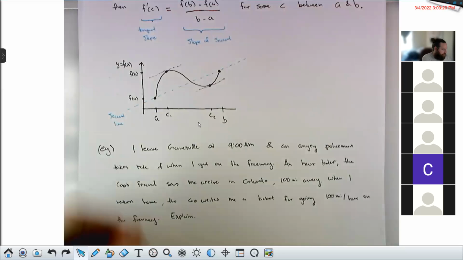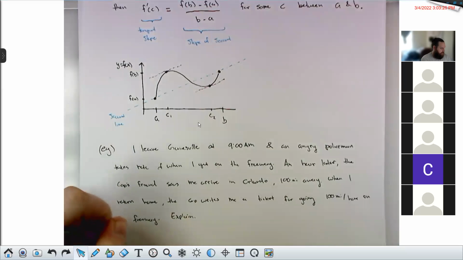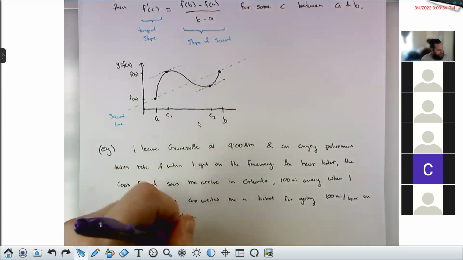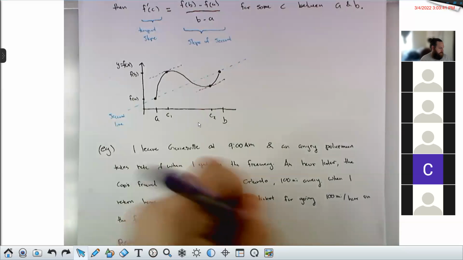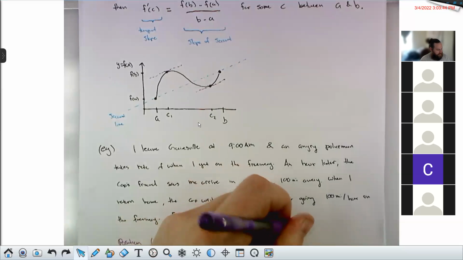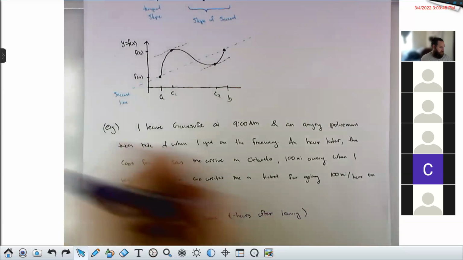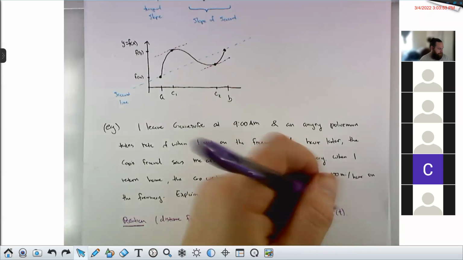But if your position function, i.e. my distance from home, t hours after leaving, we can say a few things about this, right? Let's call this R of t.